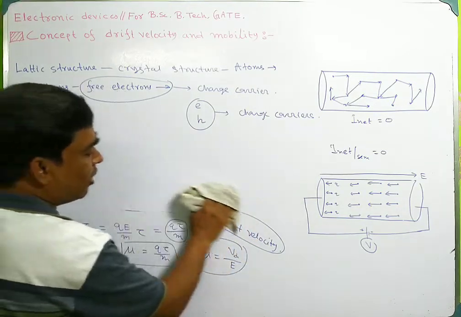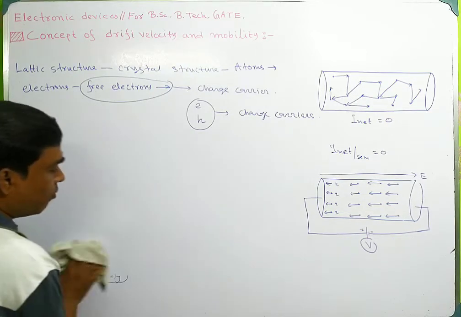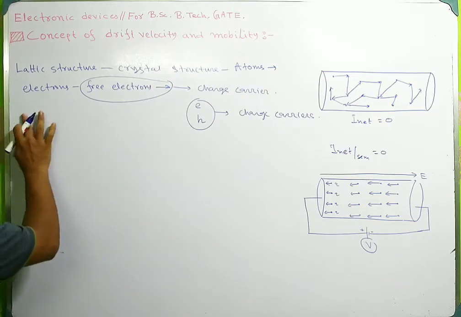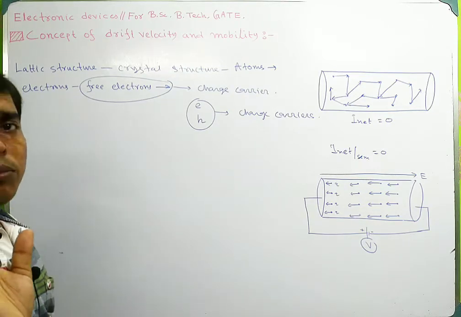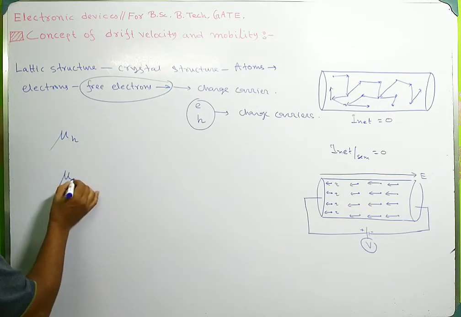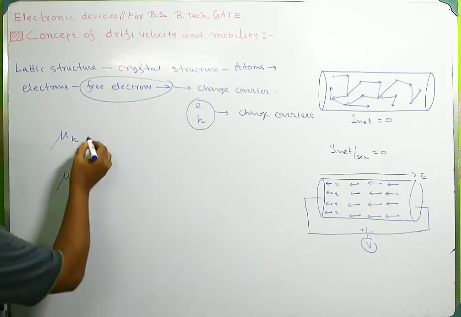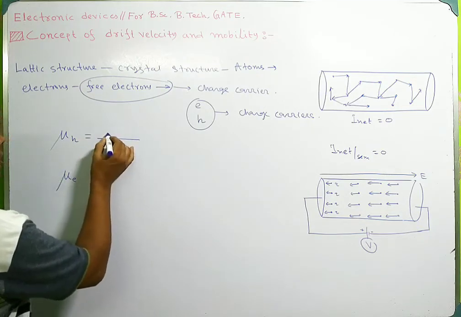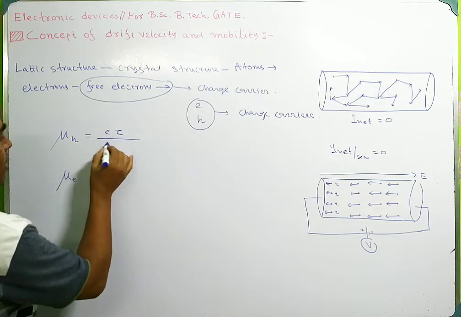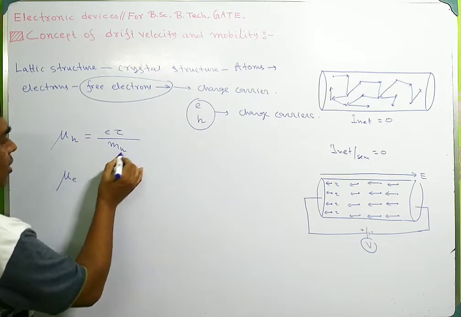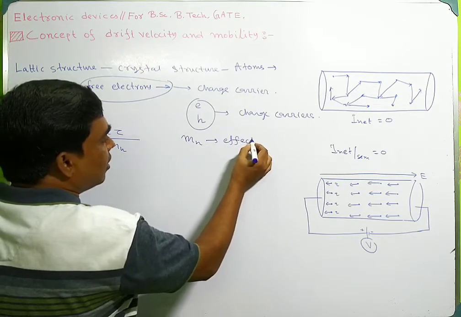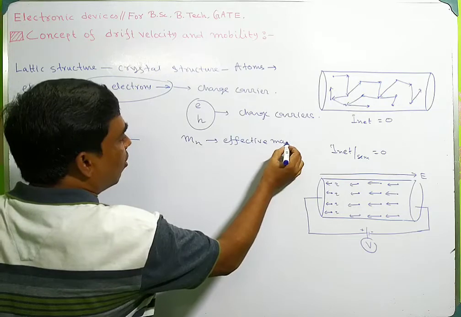A semiconductor contains two types of charge carrier. That's why there are two types of mobility: one is the mobility of holes and one is the mobility of electrons. The mobility of a hole can be written as the charge of the hole times tau divided by m_h. What is m_h? m_h is the effective mass of the hole.